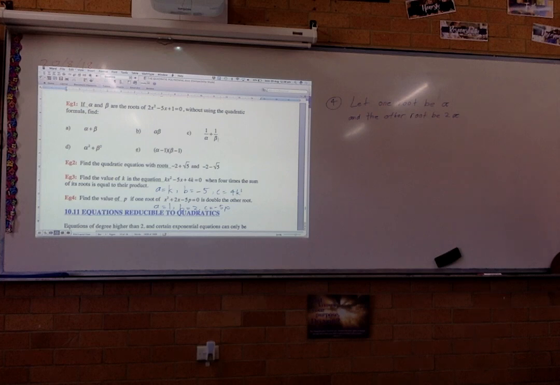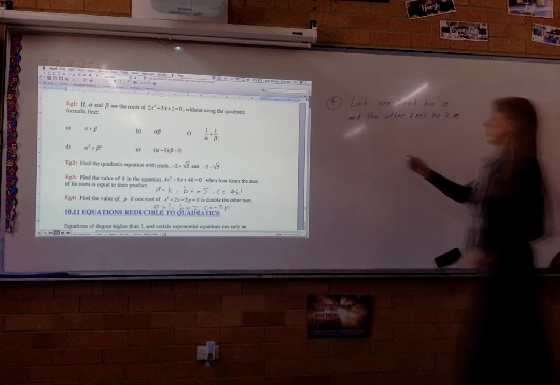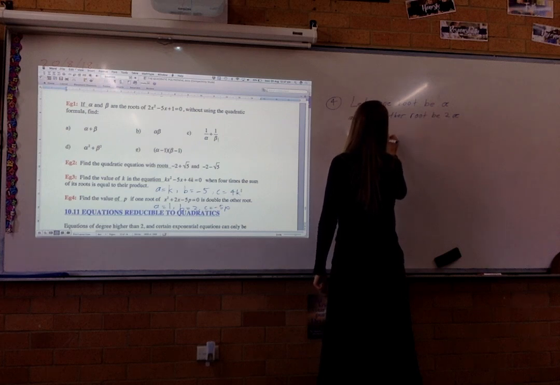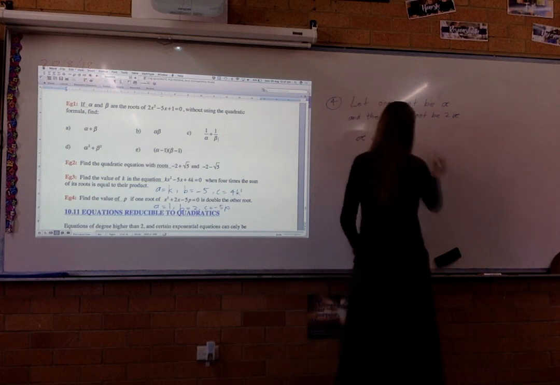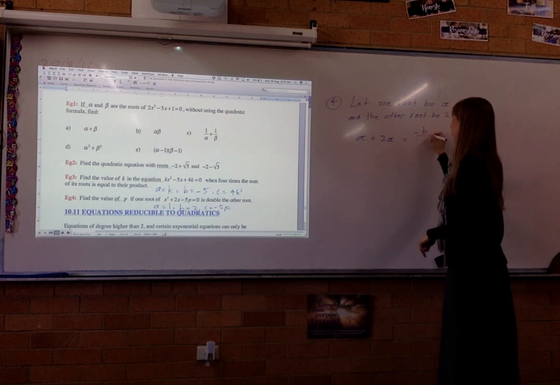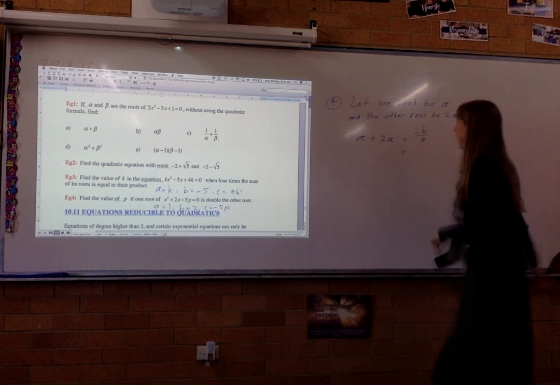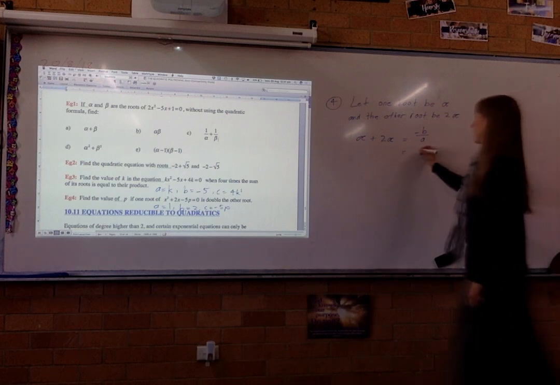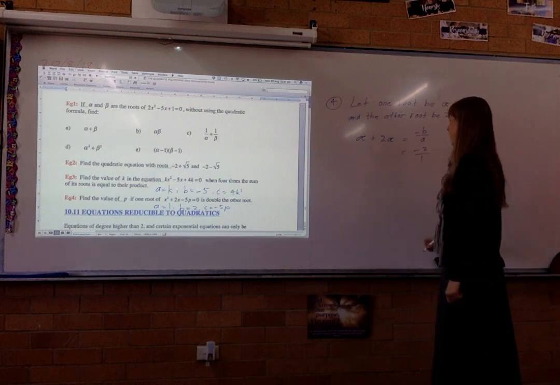Great. So now we'll just put in what we know. Find the value of p. One root is double the other root. Well, let's start with the sum of the roots. Alpha plus 2 alpha. What's the sum of the roots? Sum of the roots is minus b on a. So, minus b is minus 2, minus 2 on 1.